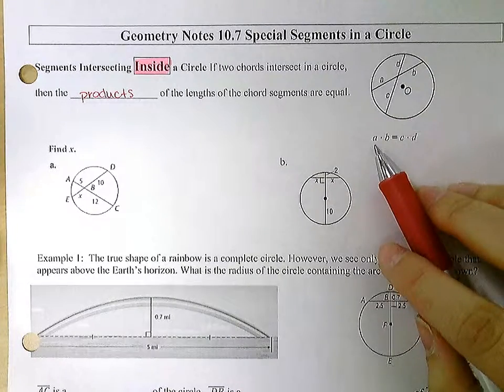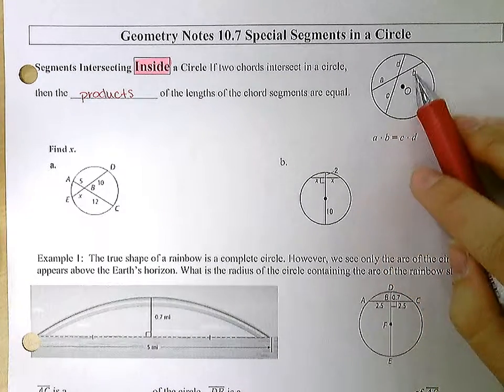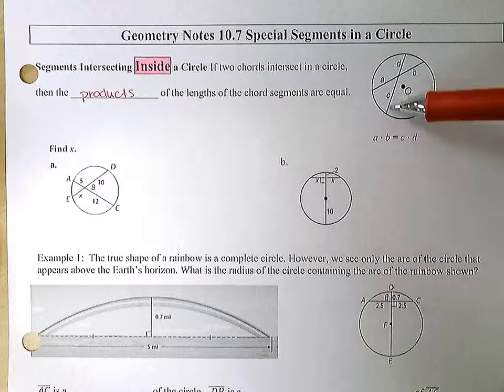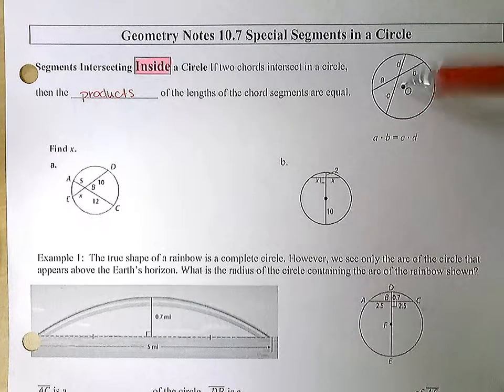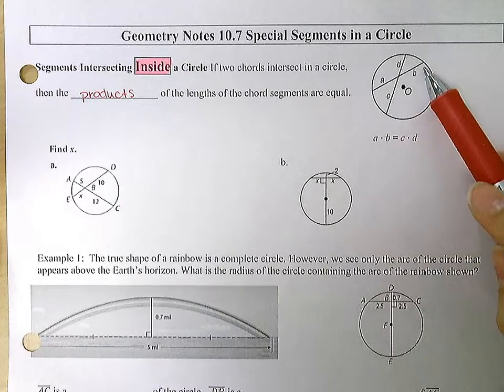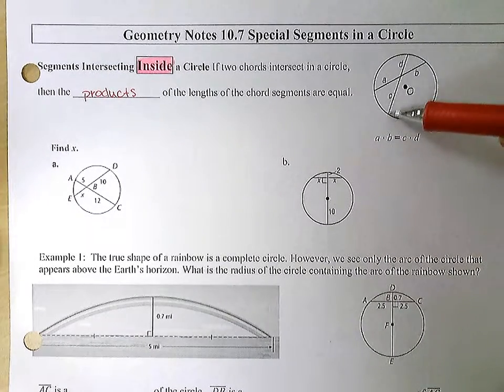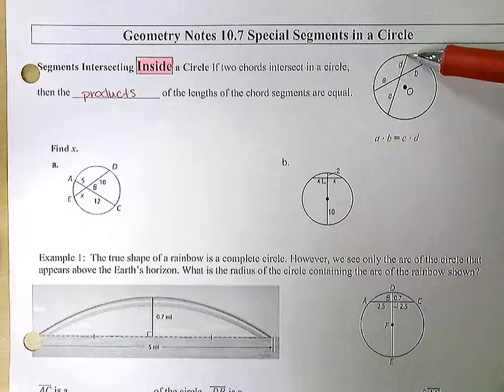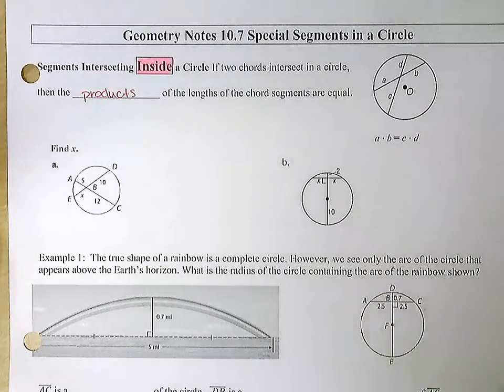I can multiply A times B, and it's going to equal C, this first segment here, times D. Okay, so within that same segment, I can multiply the two together, set it equal to the other two that make up that segment together as well.